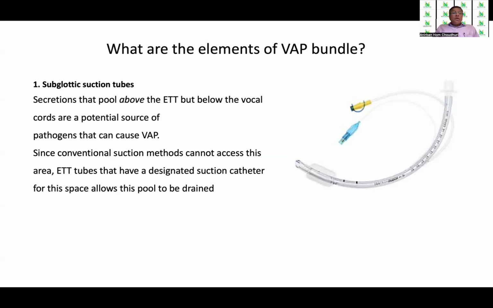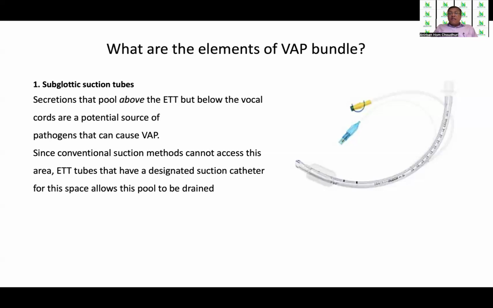One, importance of subglottic suction tubes, because secretions that pool above the endotracheal tube but below the vocal cords are a potential source of pathogens that can result in VAP. And the conventional suction methods cannot access this area. So the endotracheal tubes that have a designated suction catheter for this space allow this pool to be drained.